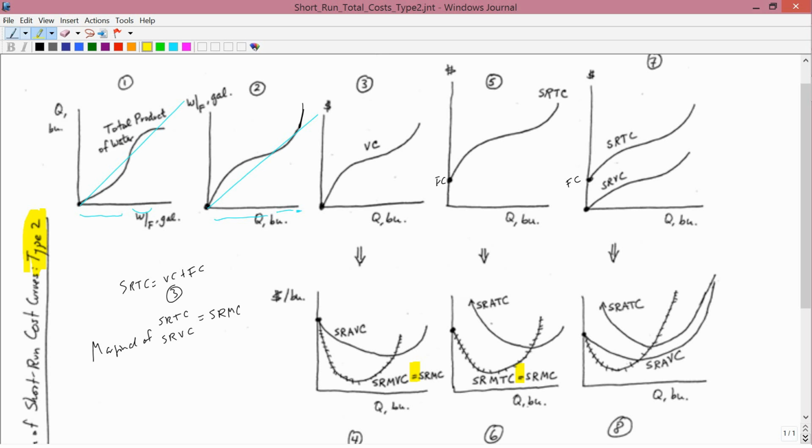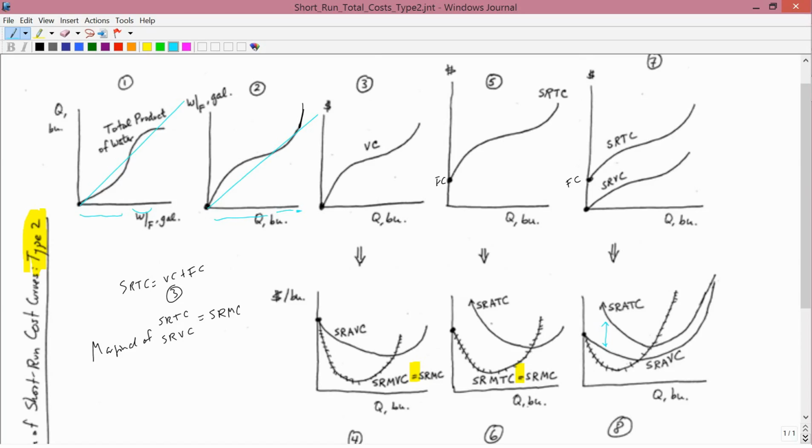And another thing is the gap that we studied between short-run average total cost and short-run average variable cost.